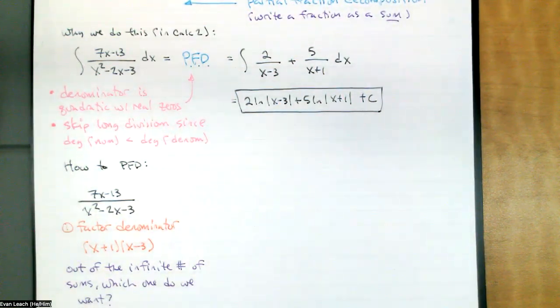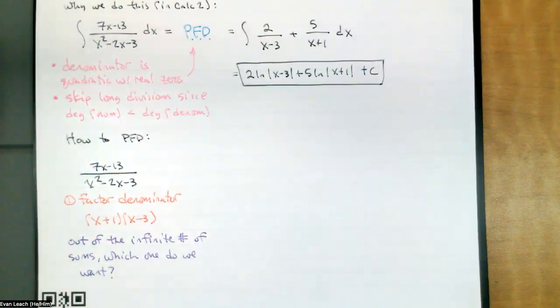Out of the infinite number of sums that we can write, which one do we want? So step one, we factor the denominator. This is how we decide. Number two, each factor of the denominator creates a term in our sum.